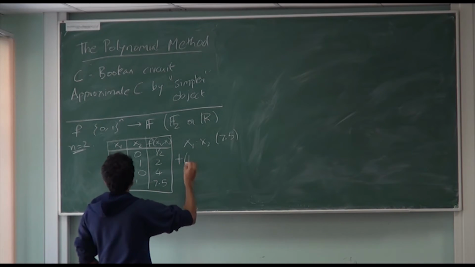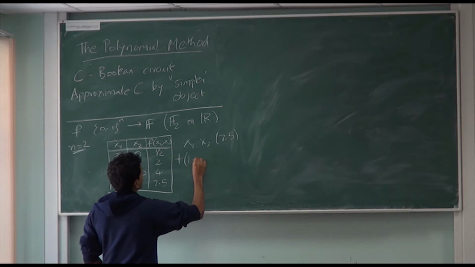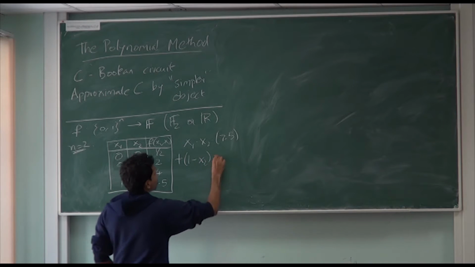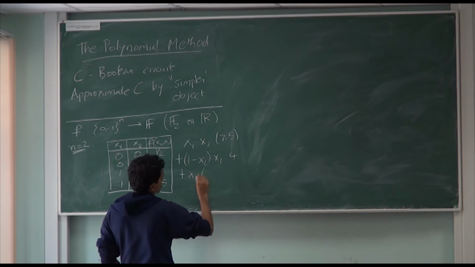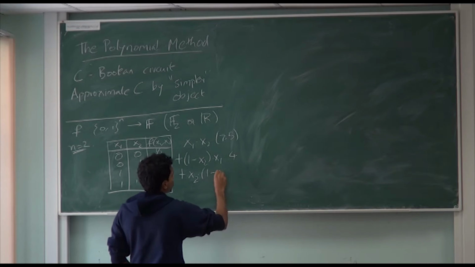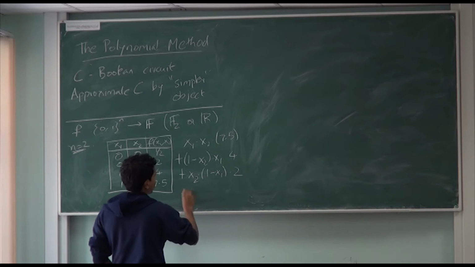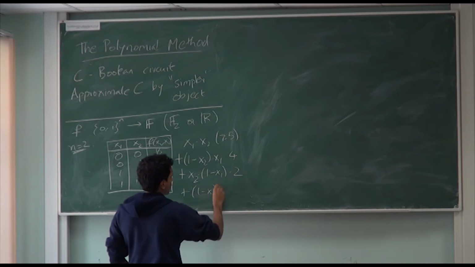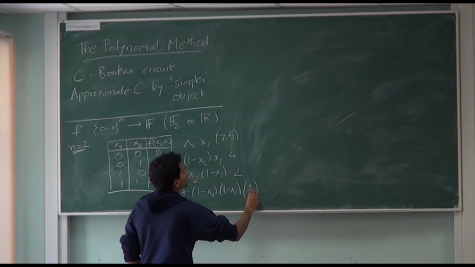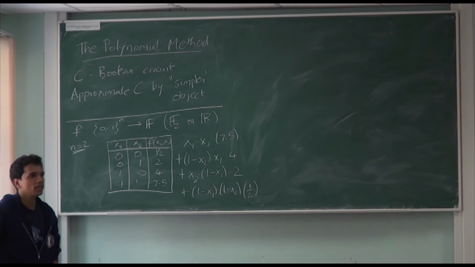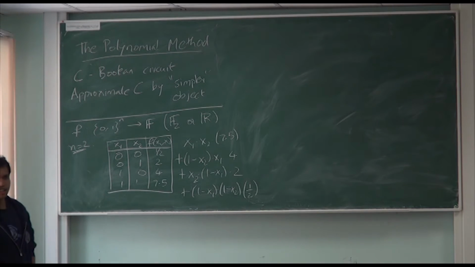Similarly, I'll write (1 minus x2) times x1 times 4, plus x2 times (1 minus x1) times 2, plus (1 minus x1) times (1 minus x2) times a half, right? And this is a multilinear polynomial representation for this function.